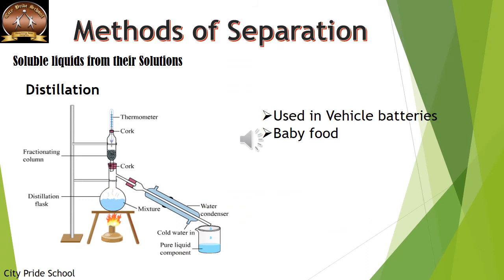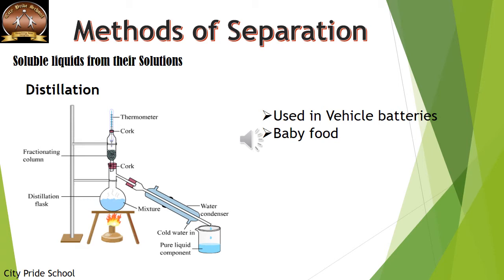So now the next method of separation is distillation, where we get the liquid, that is the solute, and the solvent both. This is a means of separating soluble liquids from their solutions. Now you can see a distillation flask here, which is connected to a condenser.